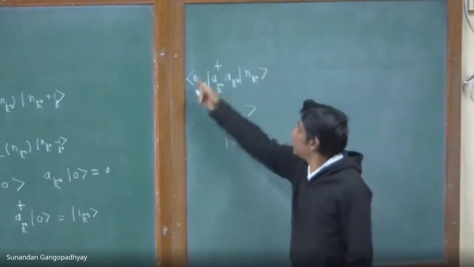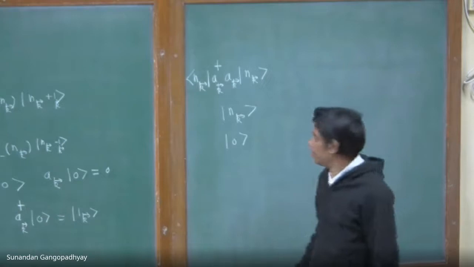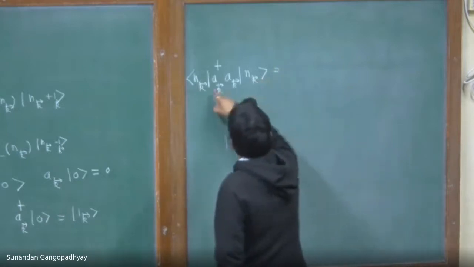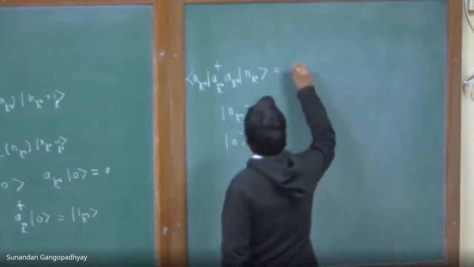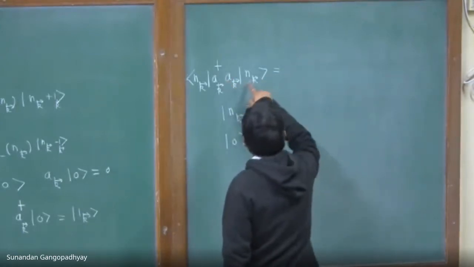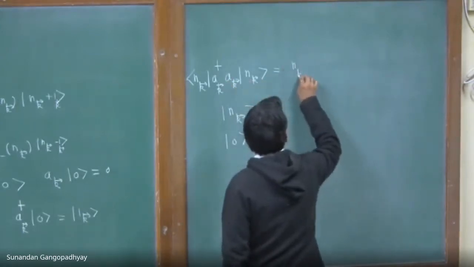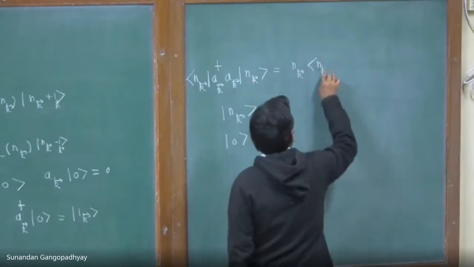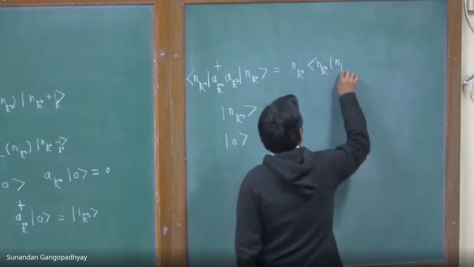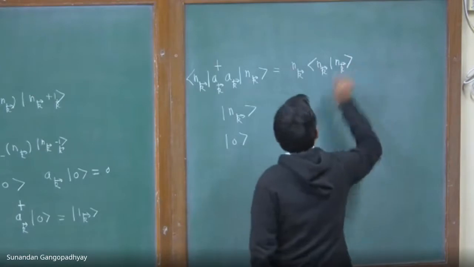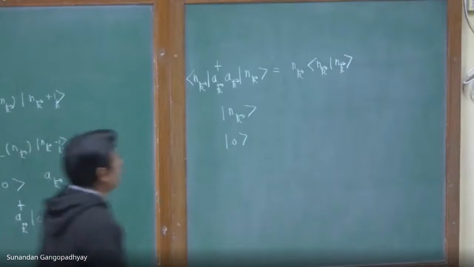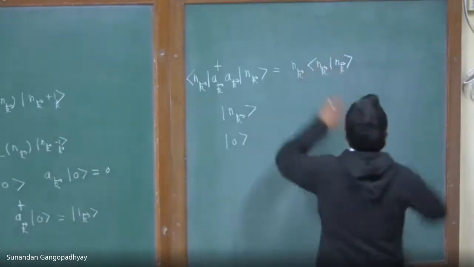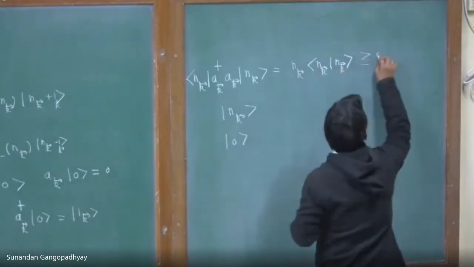This is the norm of the state. Now, a dagger_k a_k is what? It is a number operator. Therefore, this gives you basically a capital N_k hat, which acting on small n_k will give you n_k. So what you have is this, and therefore this full quantity is greater than or equal to 0.